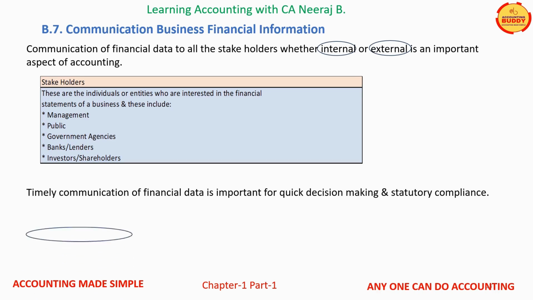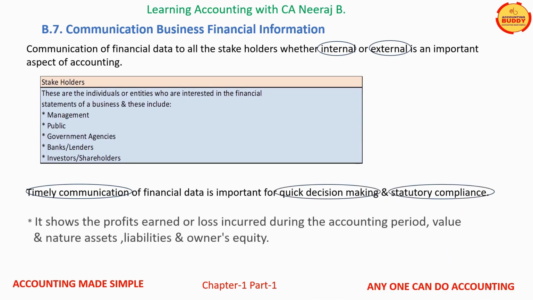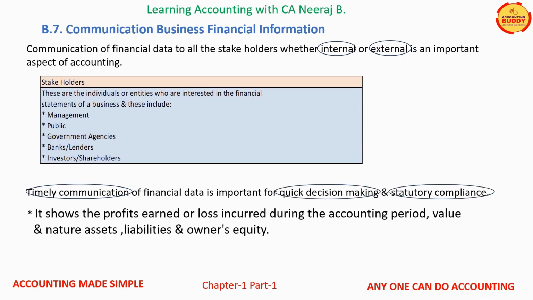Timely communication of financial information is extremely important for decision making and for statutory compliance. The communication includes the profit earned or the loss incurred during the accounting period, the value and the nature of assets, liabilities, and the owner's equity.